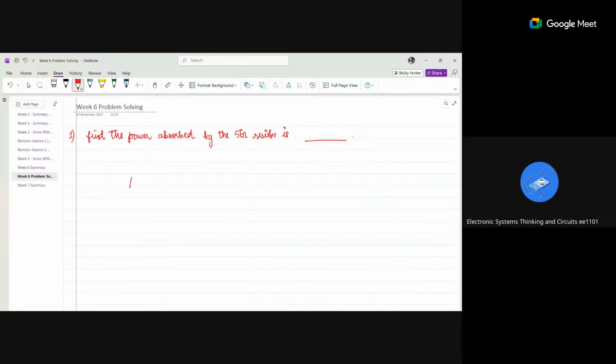The circuit is a 1 ampere current source connected in parallel to a 5 kilo ohm resistor, which in turn is connected to a 5 ampere current source. We are going to find the power absorbed by the 5 kilo ohm resistor. Try solving it and tell me the answer. Okay, I'm just solving.